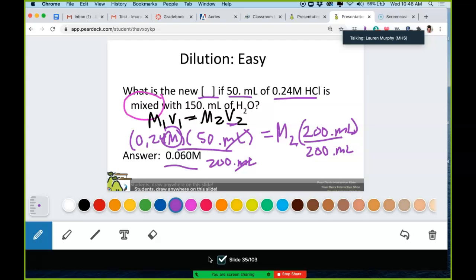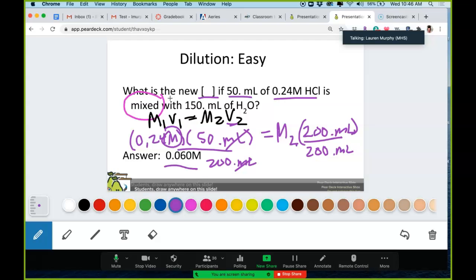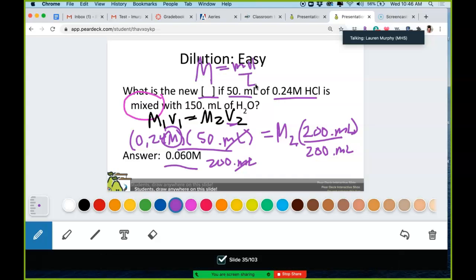Now, something that I just realized I skipped over. How come in our molarity equation, that's this one, you can only use liters? You cannot use milliliters in this equation. Never, ever, ever, ever. Why can you use milliliters in this equation? Does anybody know? You can use milliliters or liters. You can use either one. Does anybody know why?